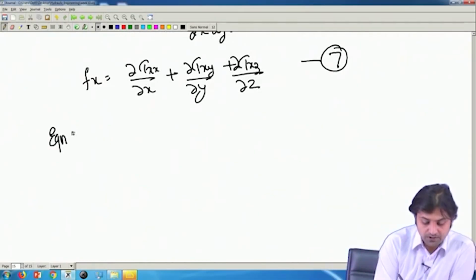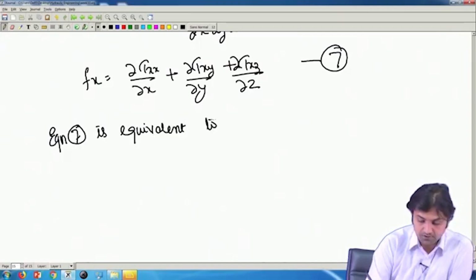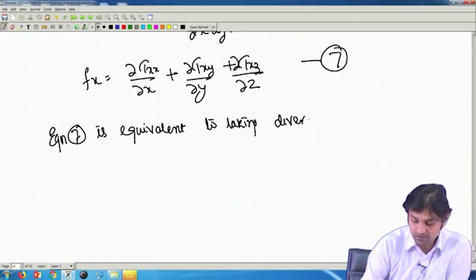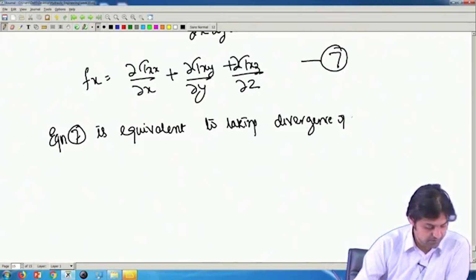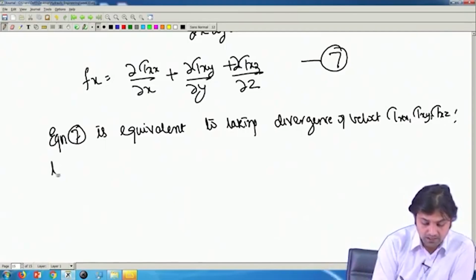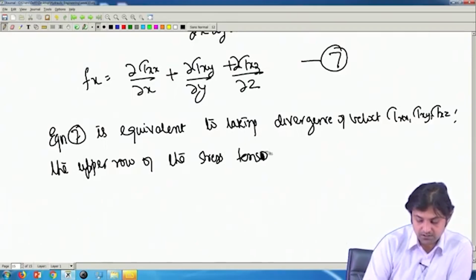So equation 7 is equivalent to taking the divergence of the vector tau xx, tau xy and tau xz. That means the upper row of the stress tensor.